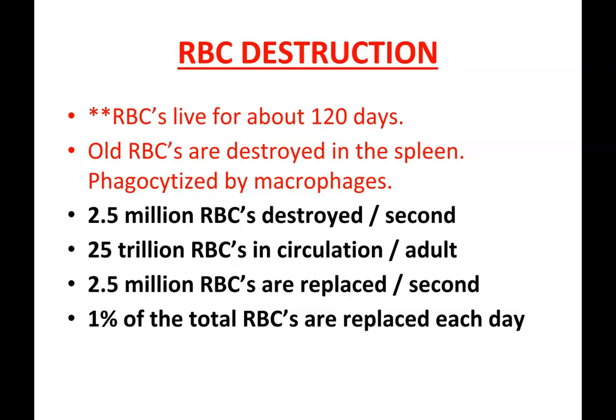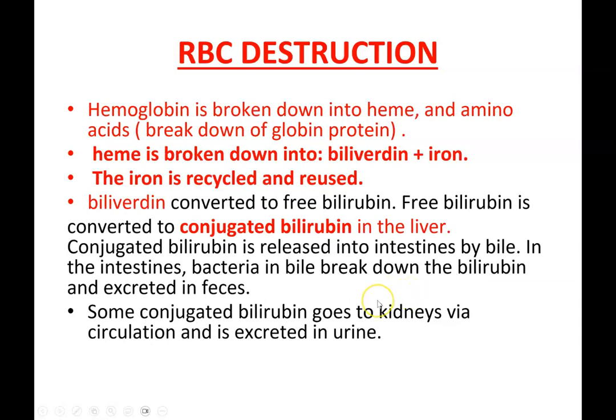So about 1% of the total red blood cells in the body are replaced each day, which is tremendous, and it speaks of the tremendous job that the red marrow is doing, constantly making red blood cells.